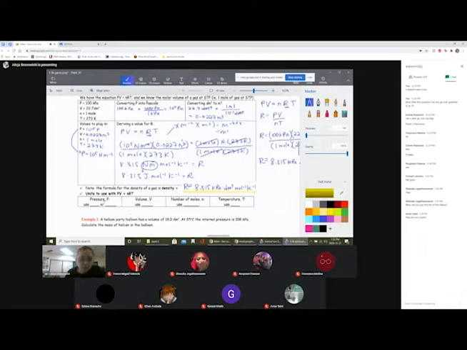So for pressure, we want to use kilopascals, kPa. For volume, we want to use dm3, which is the same as liters. For number of moles, just use mole. And for temperature, use Kelvin.